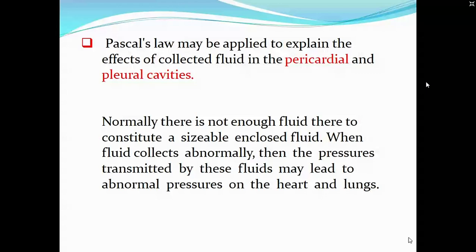But as a result of some disturbance, such fluid may appear, may fill those cavities, and the heart as well as the lung will be subjected to extra pressure or force due to the existence of that fluid, which transmits pressure due to the heart functioning, for example, and the lung as well.